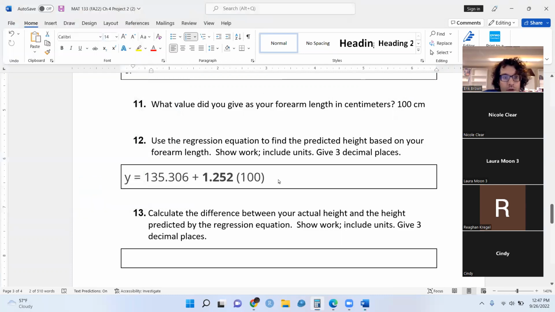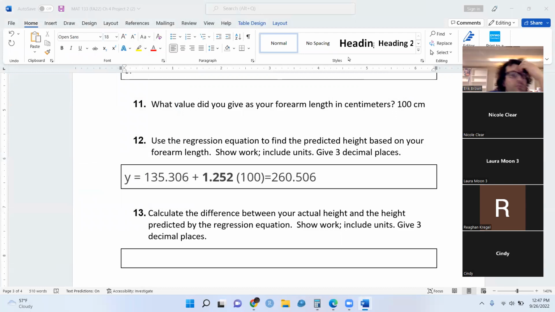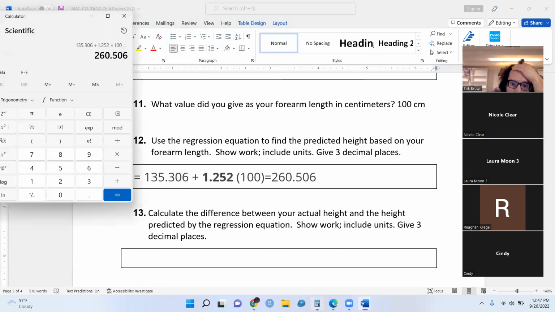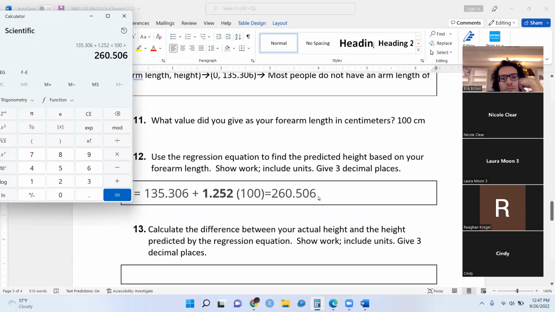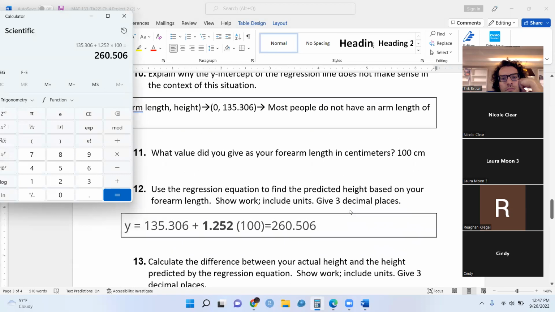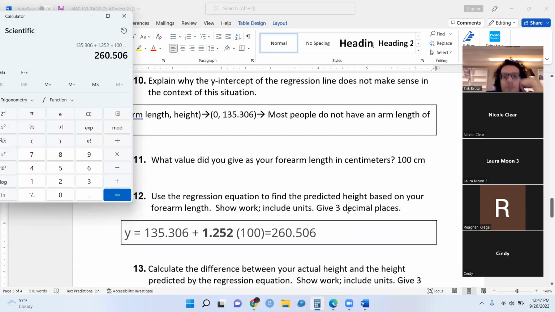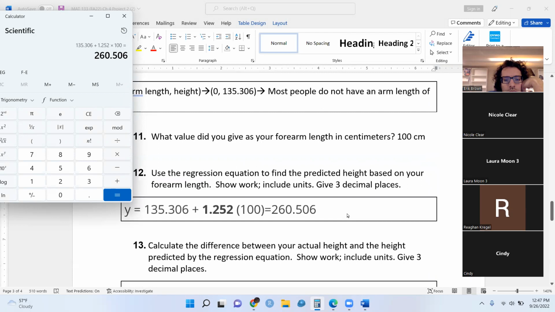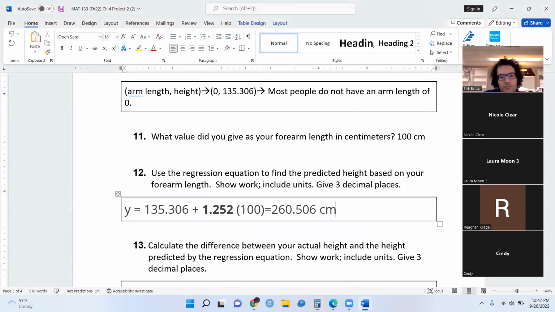If you use this number, I got 260.506. Did I do mine wrong? How'd you get that, Nicole? It looks like I subtracted instead of added. Never mind. Gotcha. Okay. We would have put on the units, this would be centimeters tall.